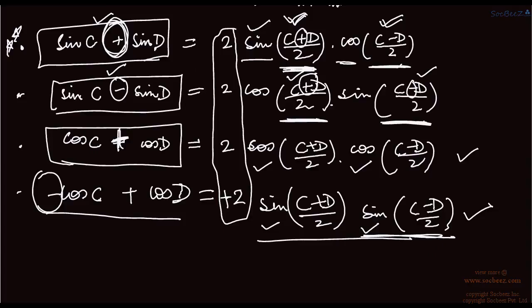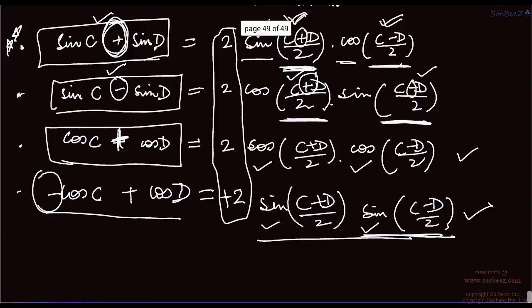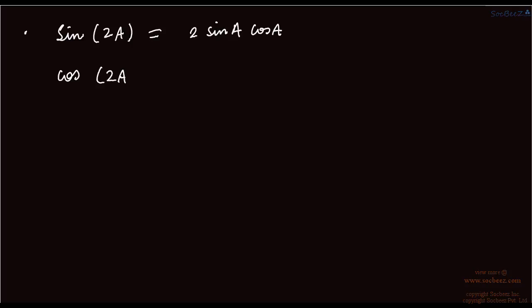Now, we'll move on to the multiple angle formulas, like sin of 2A, that is 2 sin A cos A. Similarly, cos of 2A has 3 formulae.